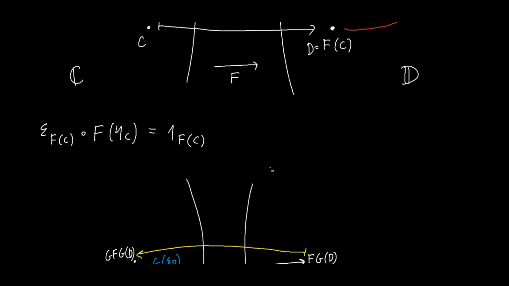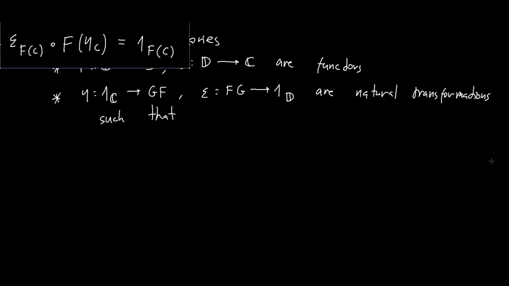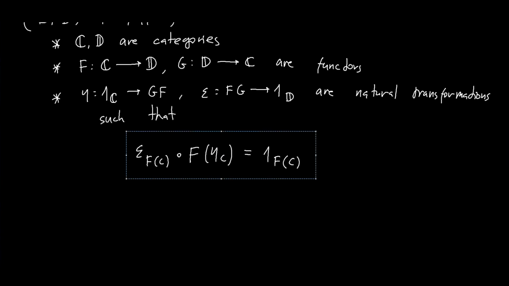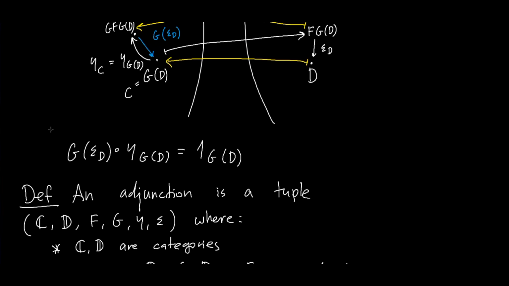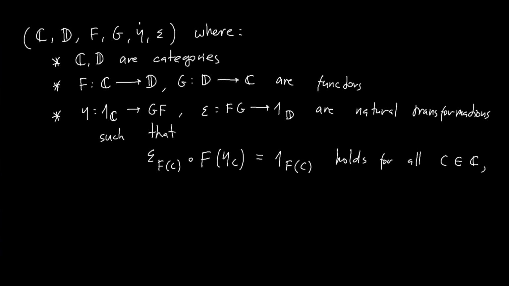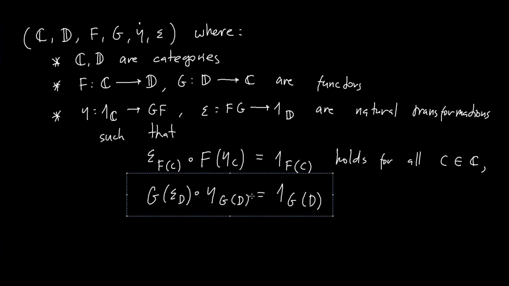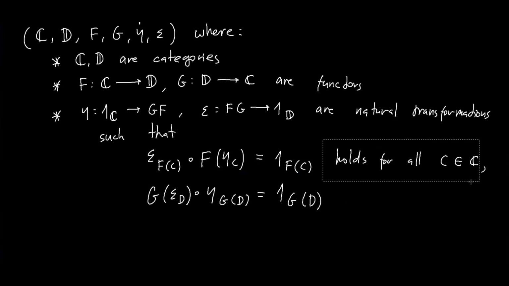This one. So this should hold for all objects C in the category C, and the other one. And that one must hold for all objects D in the category D.